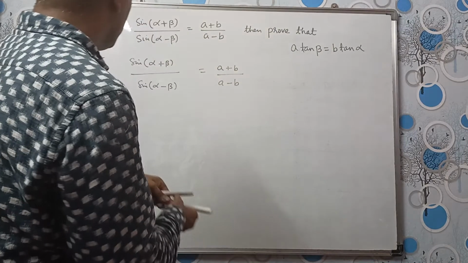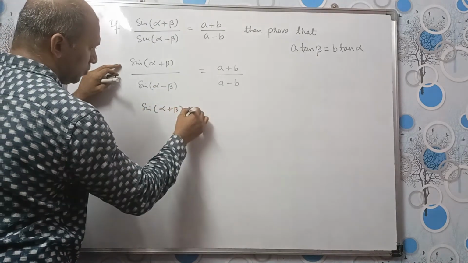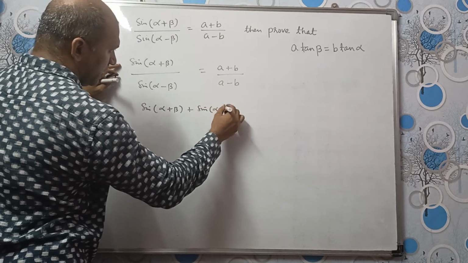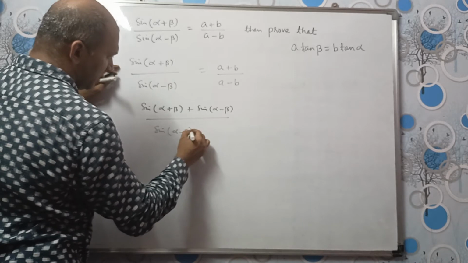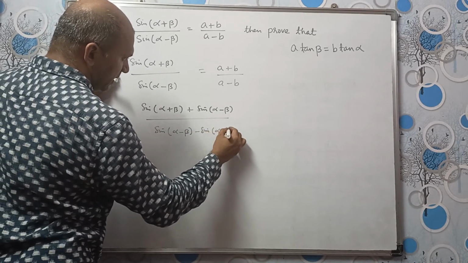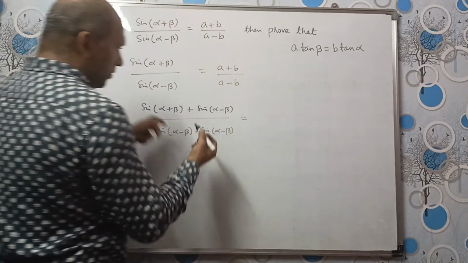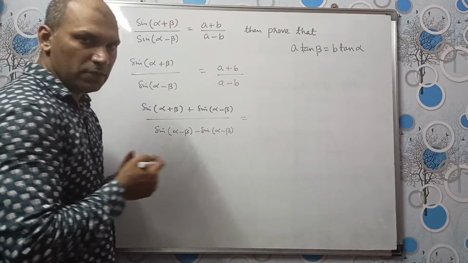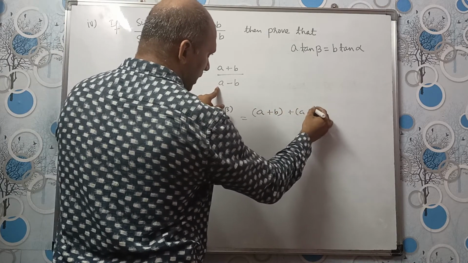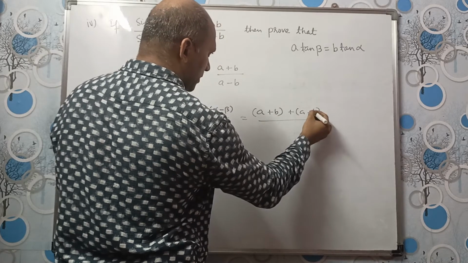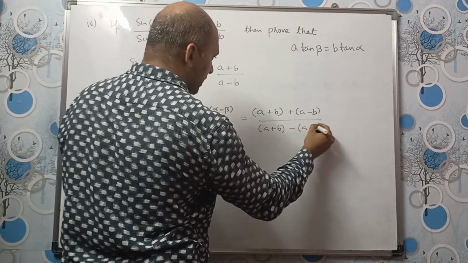Apply componendo dividendo: add in the numerator, sine(alpha plus beta) plus sine(alpha minus beta), divided by sine(alpha plus beta) minus sine(alpha minus beta). We applied it on the LHS, same thing on the RHS: (a plus b) plus (a minus b), divided by (a plus b) minus (a minus b).